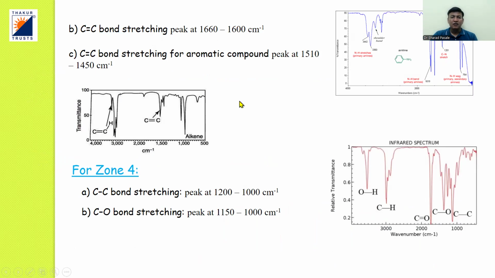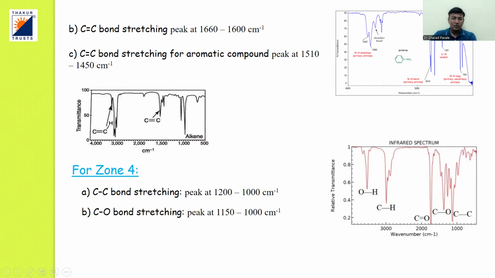Okay. Then the same with carbon double bond oxygen, carbon double bond carbon, right? It will come around 1600. Okay. It will look like this. So these are the examples I have written, like the benzene ring.